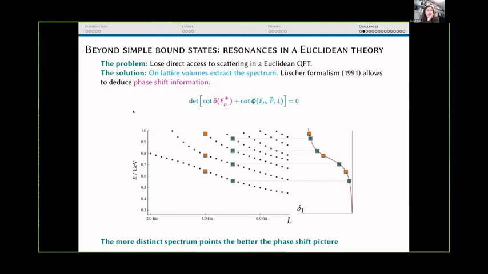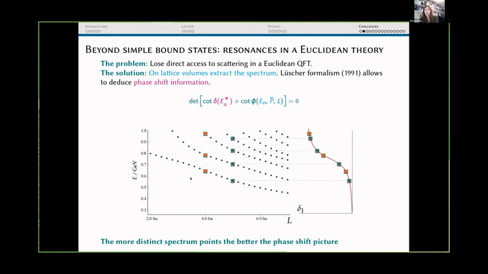So let me just say, beyond simple bound states then, again, the lattice people, of course, will know this very well, but maybe let me just point out the real problem is that we've lost direct access to the scattering information by Wick rotating to a Euclidean field theory. This was understood by Lüscher some time ago, how to relate the spectrum that you extract on a lattice volume, a discrete volume, to the continuum phase shifts through a relation which is given here in the rather simplified case.